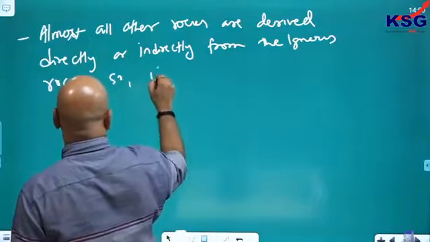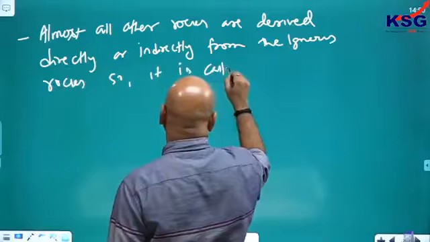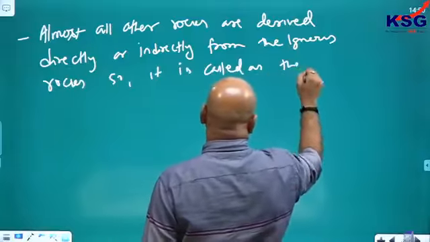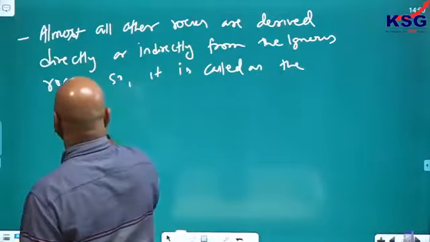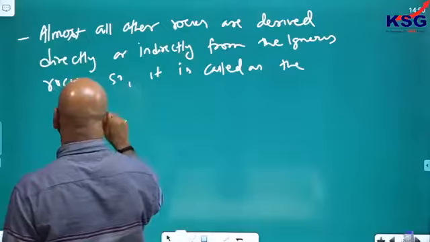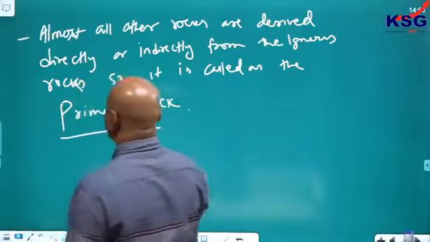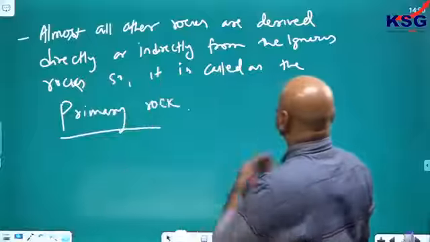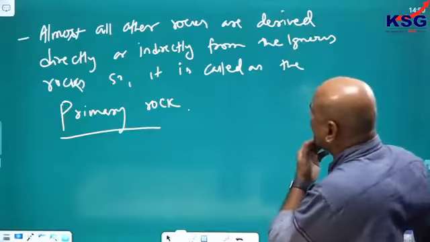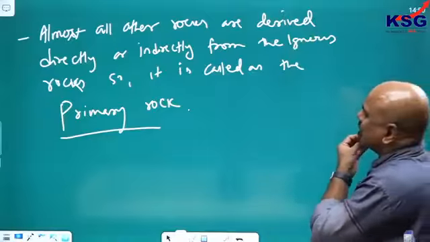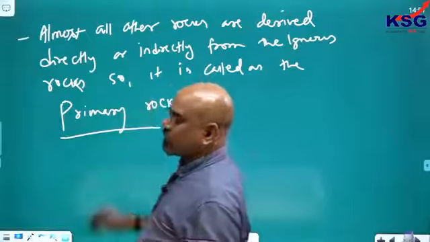So it is called the primary rock. Almost all other rocks are derived, directly or indirectly, from the igneous rock. So it is called the primary rock.